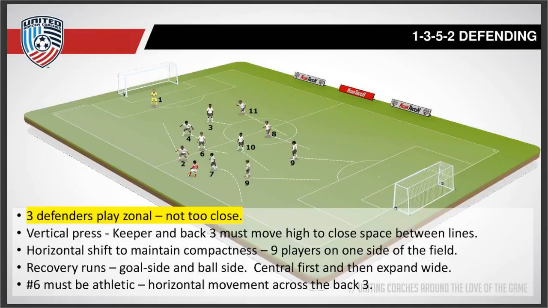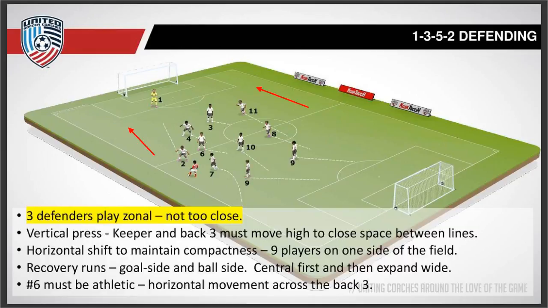When we look at the defending side of the ball, the feature that I'd like to highlight here is the importance of keeping the 2, the 3, and the 4 in close contact, but not so narrow that we expose ourselves dramatically in wide positions. And that is certainly going to be the challenge for us defensively: how do we defend in the wide positions when the opponent has wide players against us?